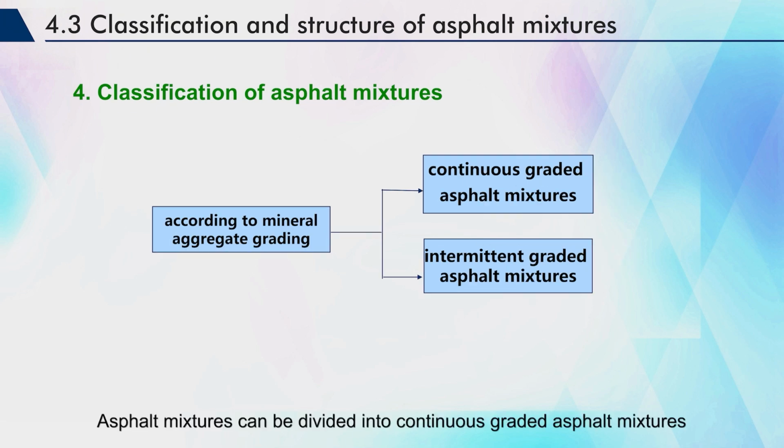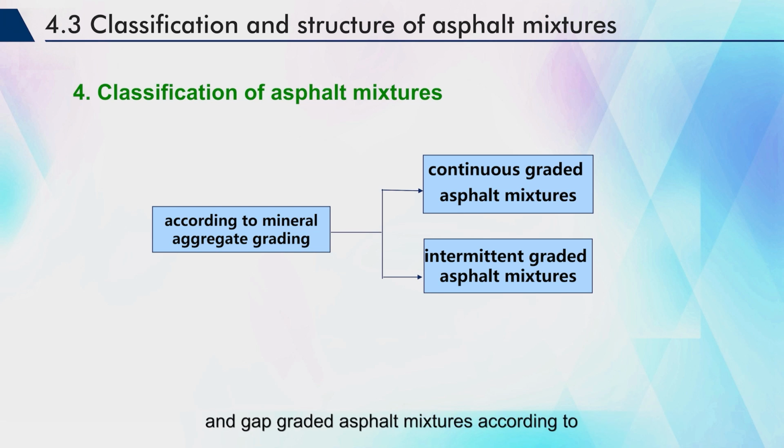Asphalt mixture can be divided into continuous graded asphalt mixtures and gap graded asphalt mixtures according to the different types of mineral aggregate gradation. Continuous graded asphalt mixture, the particles of the mineral aggregate are continuously distributed from large to small, and each grade occupies an appropriate proportion.